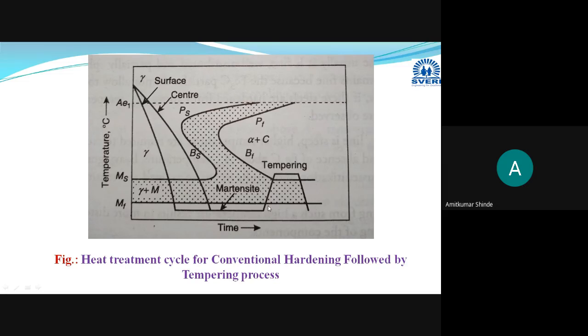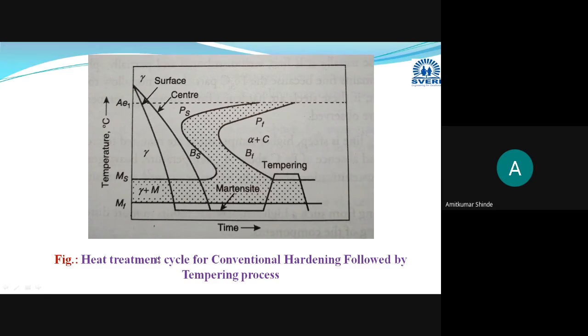Now, this tempering process has different types depending on the temperature zones, which we are going to discuss in the next heat treatment process. But here you have to remember that whenever you are doing the conventional hardening process, it should be followed by a tempering cycle, or you can say this is the low temperature tempering cycle.